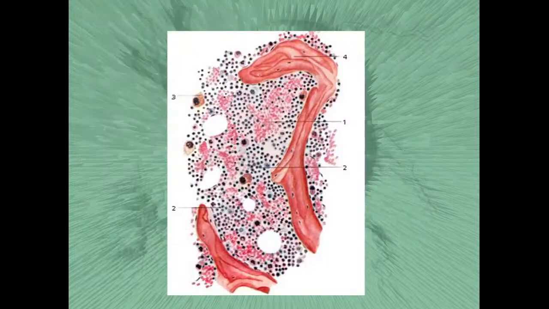Red bone marrow is located in the bones, in childhood in absolutely all bones, in adult just in the spongy flat bones and in the epiphyses of the long tubular bones.